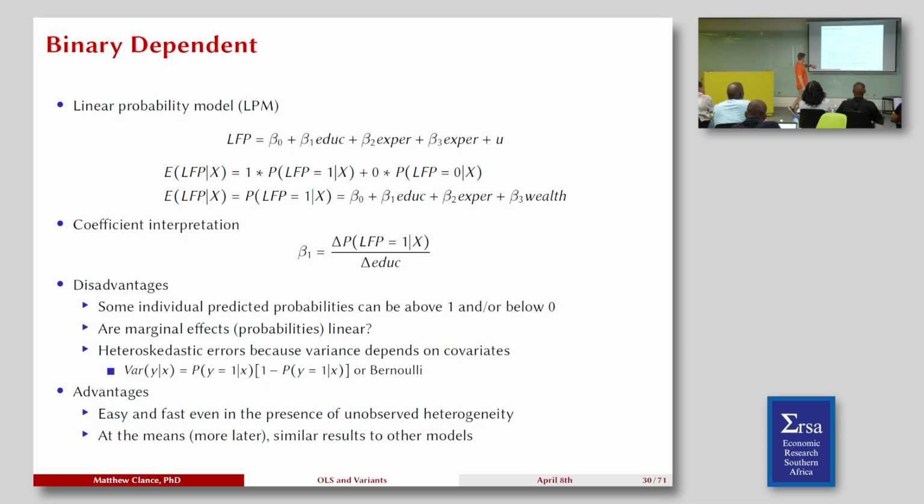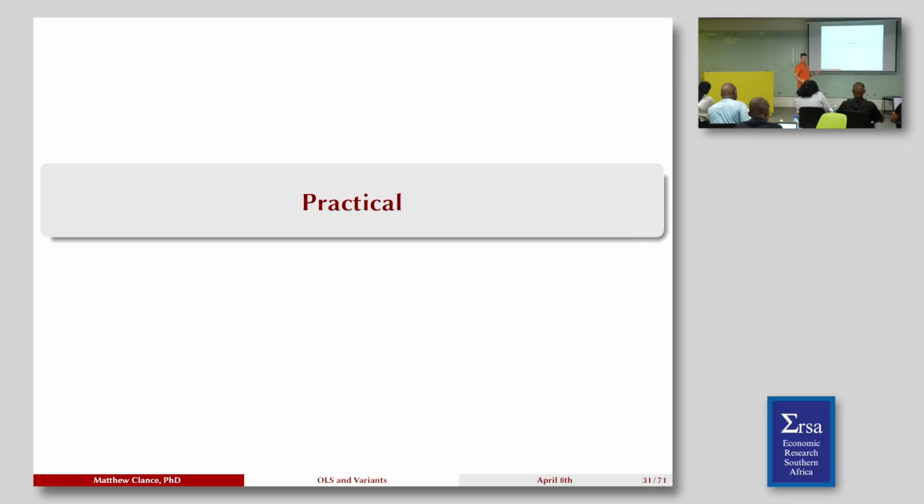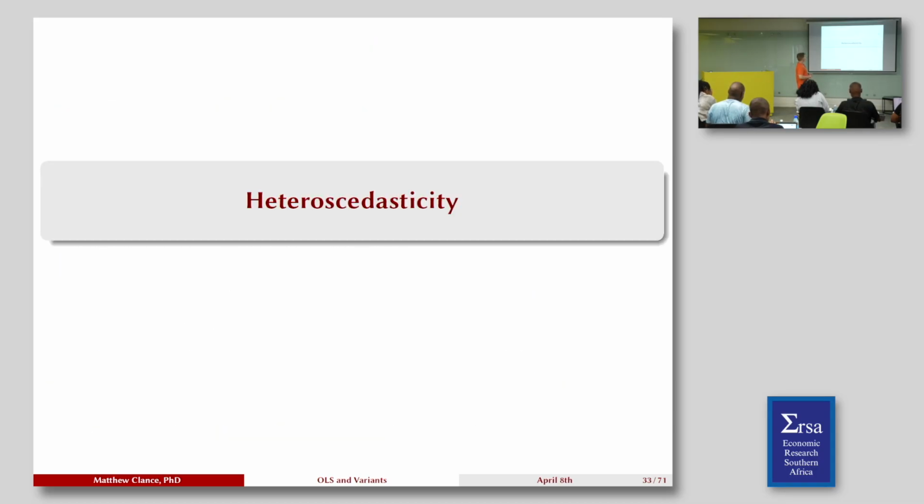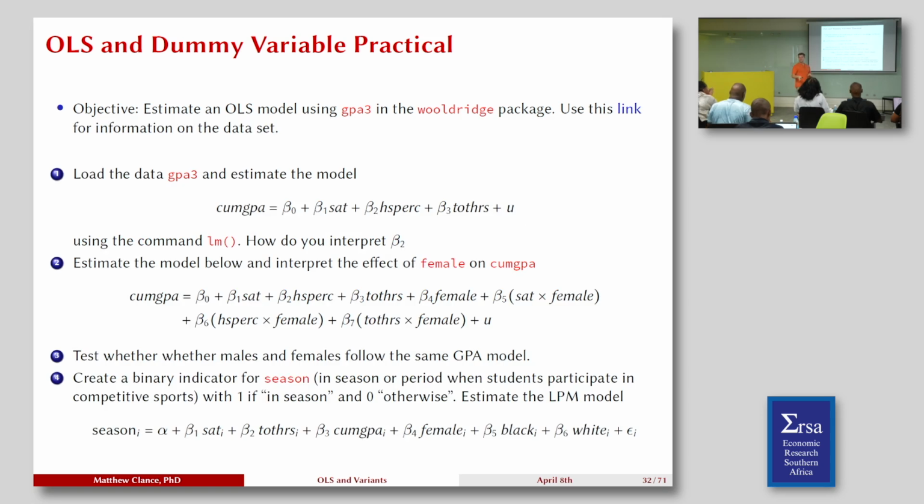Okay, so that is categorical variables, both independent and dependent. So, of course, I set up a practical. Hopefully this one's a little bit better worded. I'm also doing this for another reason. You notice that I haven't shown you a lot of code.